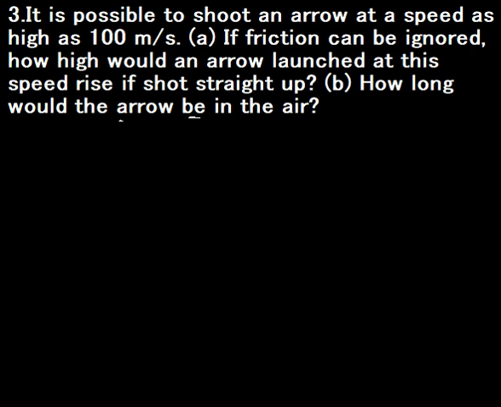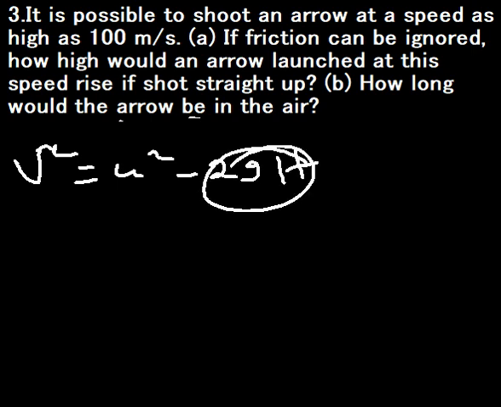Now what if I were to find the final velocity of the object as it strikes the ground? It could be this formula: V squared is equal to u squared minus 2gh, where this one could be 0. The final velocity could also be the same 100, but negative 100 meters per second.